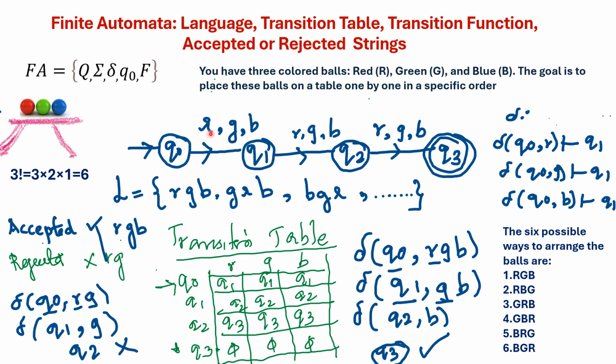Q0 with R gives Q1, Q0 with G again gives Q1, then Q1 with R, G, B gives Q2, then Q2 with R, G, B gives Q3, then for Q3 there is no value, so we represent it as null. So this is the way of representing the transition function and transition table, and the way of interpreting the automaton.